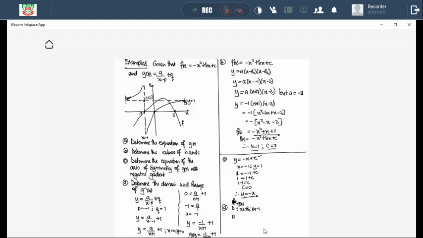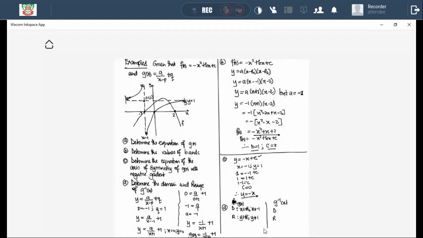Then your range, you can also see that this one tends to negative infinity, and the other one is also going to positive infinity. So I can also say y is an element of all real numbers, but y should never be equal to 1. But your question says determine the domain and range of G inverse.